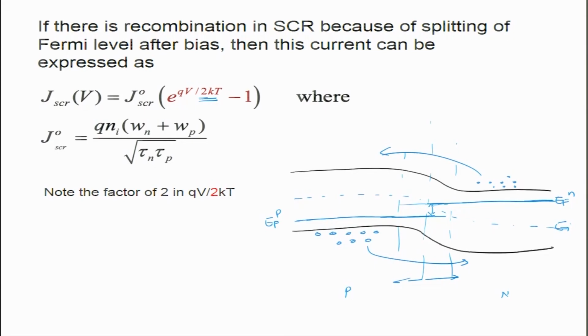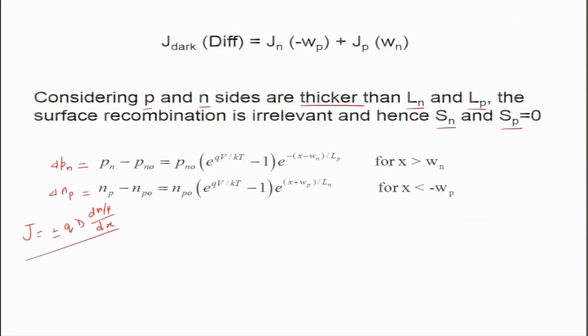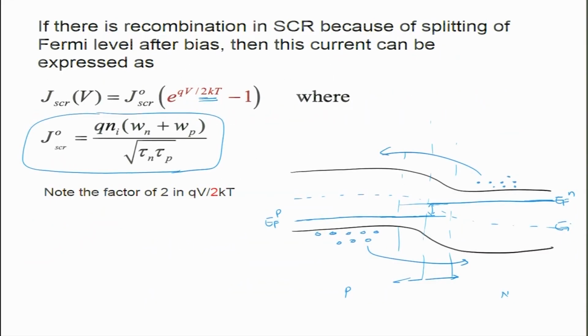Often the behavior is mixed, and this is the current, the space charge current pre-exponential factor, which is q ni into Wn plus Wp divided by square root of tau n and tau p, and this is from the same SCR current that we got. So, this is the SCR current that we invoked when we said that now you have a PN junction which has an SCR in which recombination and generation is a possibility.